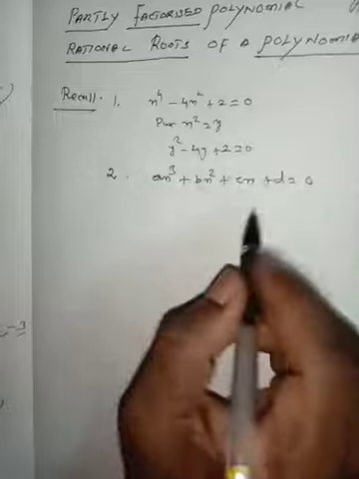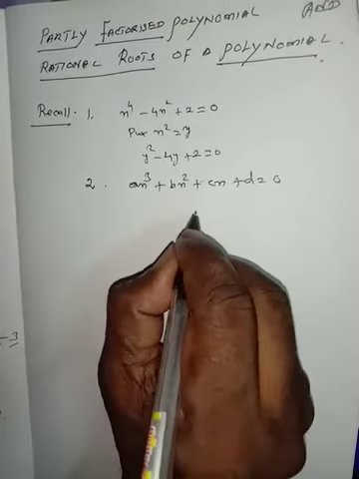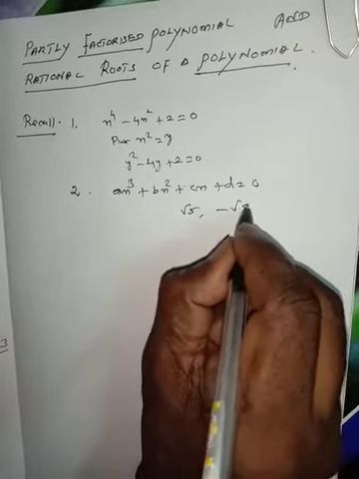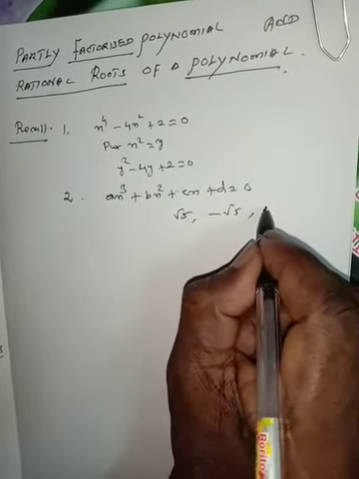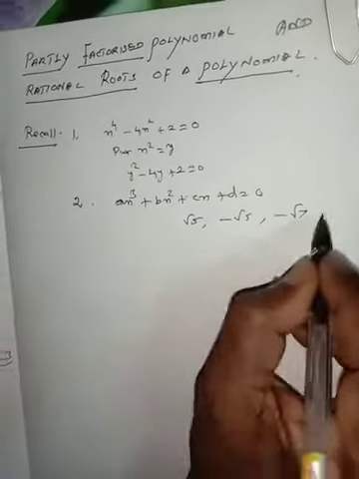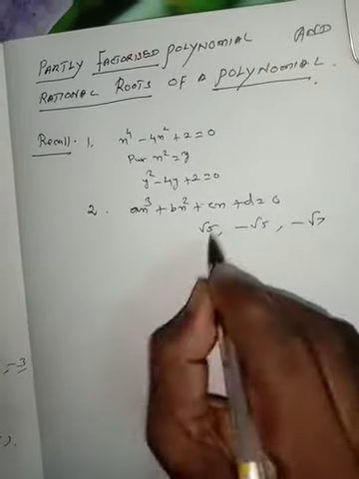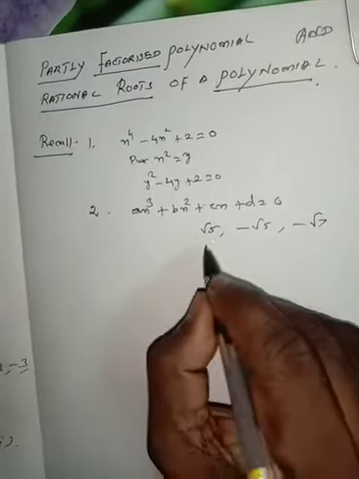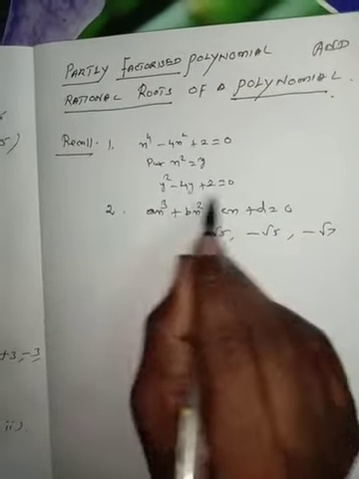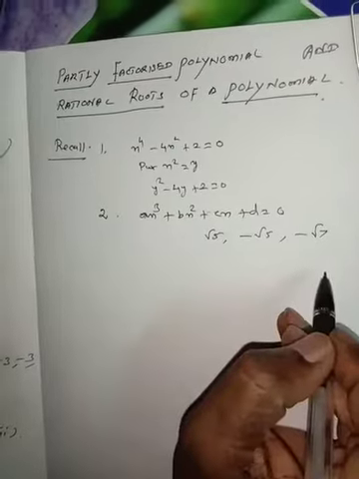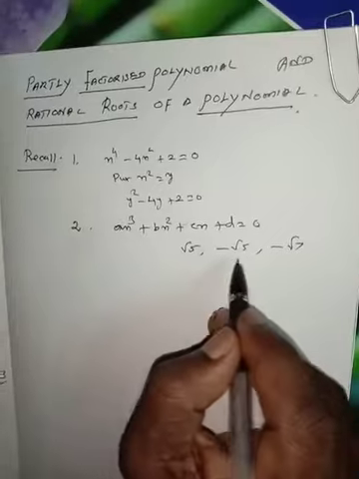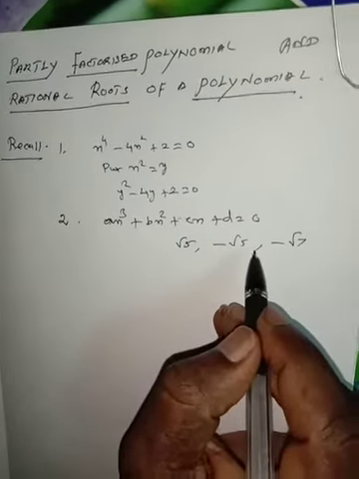Suppose solving, we get one root is root 5, another root is minus root 5, third root is minus root 7. Then these are the roots. Then the rational roots, root 5, root 7 are the rational roots. Therefore, solving the third degree equation, we get 3 roots. Root 5, root 7 in modulus, we get the rational roots of the given third degree polynomial.